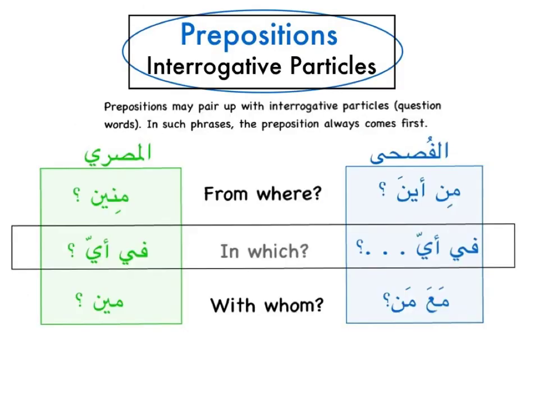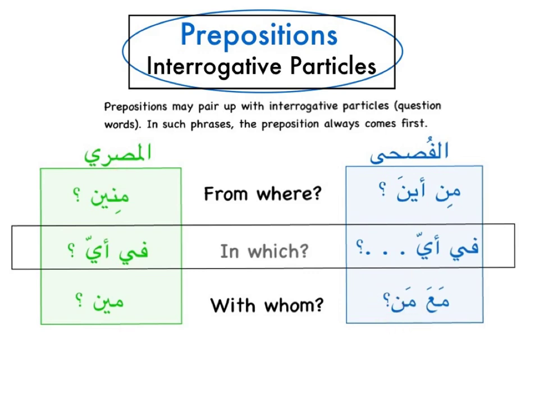Prepositions or interrogative particles. Prepositions may pair up with interrogative particles, question words. In such phrases, the preposition always comes first. For example, in فصحى, من أين, من is the preposition, أين is the question word, في أي, preposition, question word, مع من.